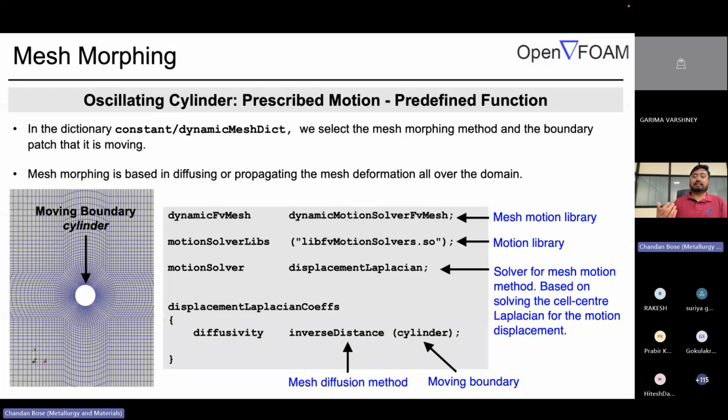And within that, we have different models. One model of diffusivity is inverse distance, for example, which is called the mesh diffusion method. And then within that, we have to mention the patch or the boundary which we want to move, right? Like, for example, here, the moving boundary I've named in my meshing as cylinder.